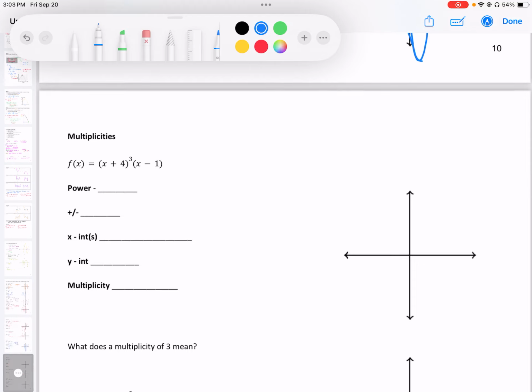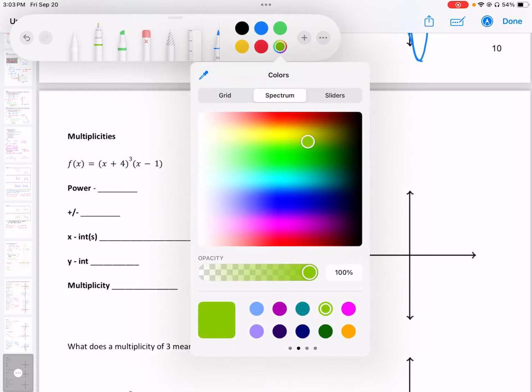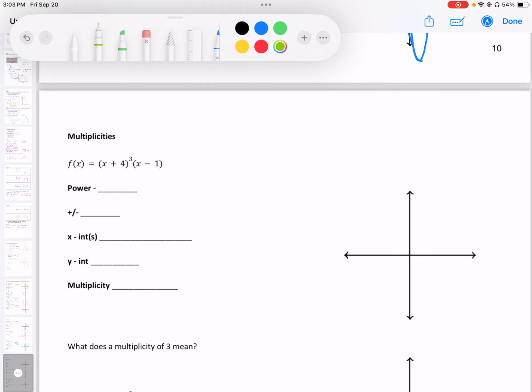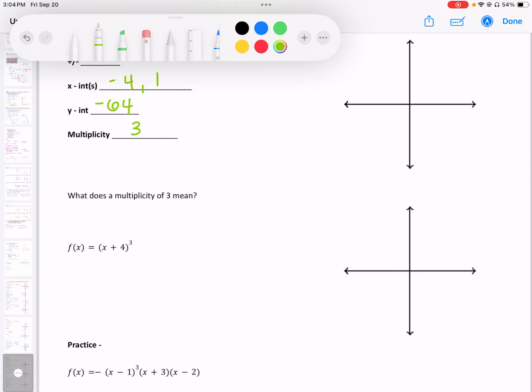All right, we also have multiplicities of 3. They're going to have a little bit different curvature. So this will be a power of 4. It's positive. It only has 2 intercepts. The y-intercept is 4 times 4 times 4 times -1, which is -64. A multiplicity of 3 means that it's going to look like a cubic function. So it kind of flattens out instead of going straight through.